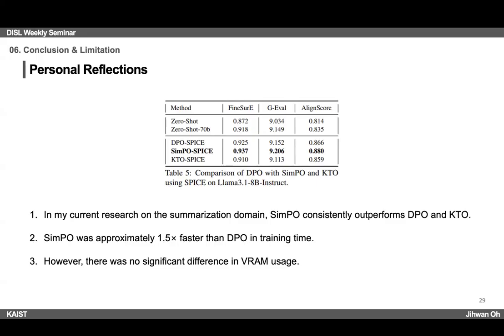Here, the trained models are trained with three different preference optimization methods. And here I trained the Llama 3 8 billion instruct model. The results show that SimPO significantly outperforms the zero-shot model, even the 8 billion model with SimPO outperforms the 70 billion model. And additionally, SimPO consistently outperformed DPO and KTO on three summarization alignment metrics.